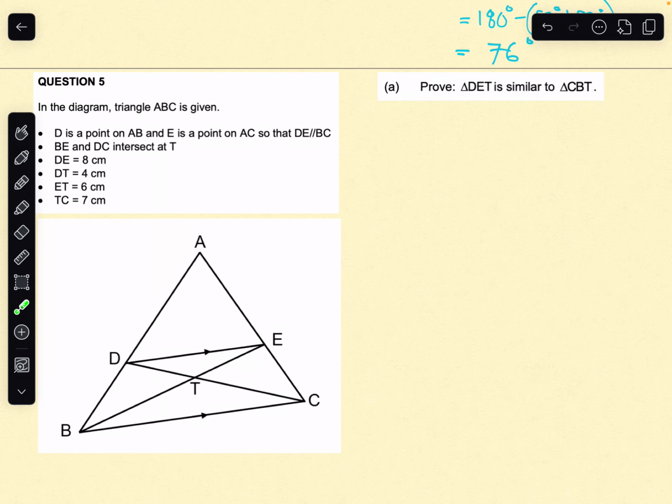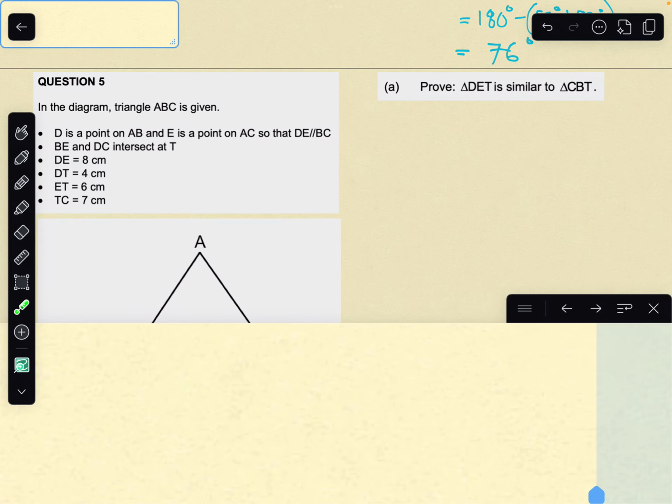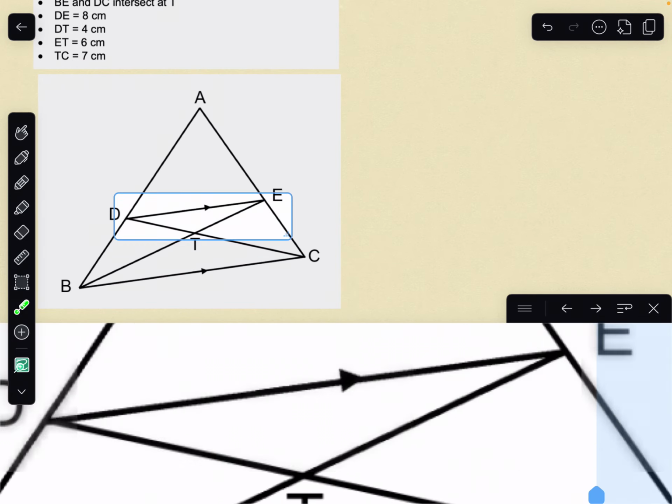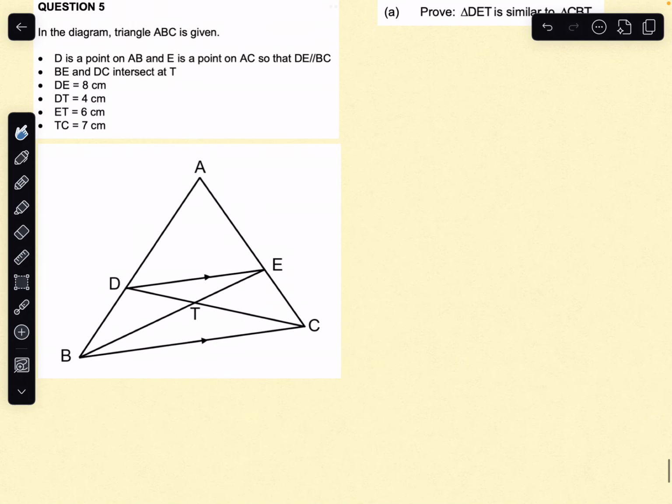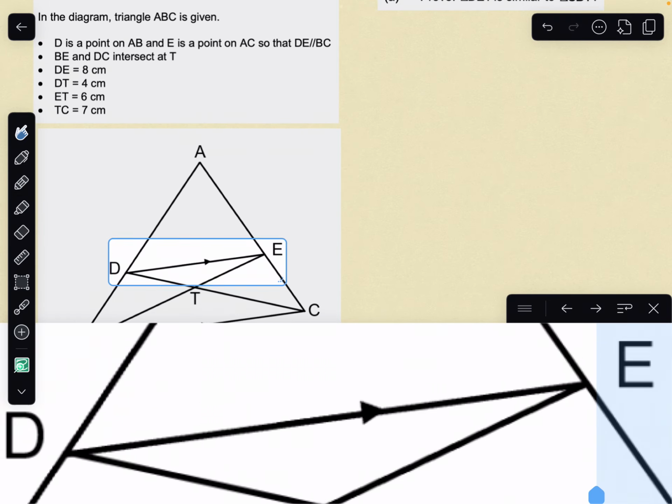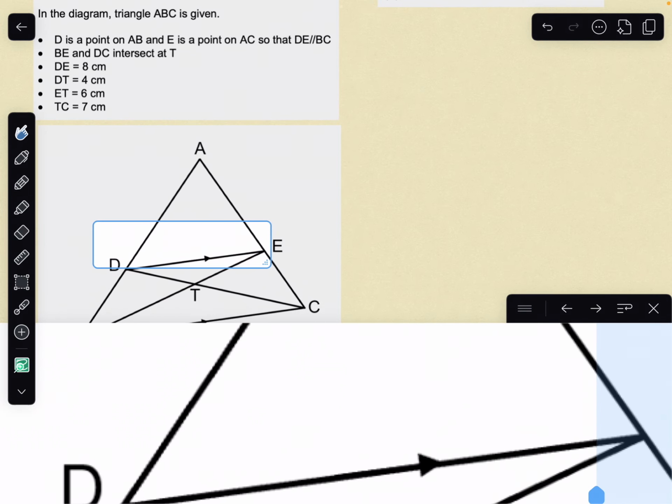Good. DE is 8 centimeters. Oh my goodness, we have to fill this in ourselves. Tragedy. This is how you know the paper's heating up now. Now you've got to fill things in yourself. So DE is 8 centimeters.